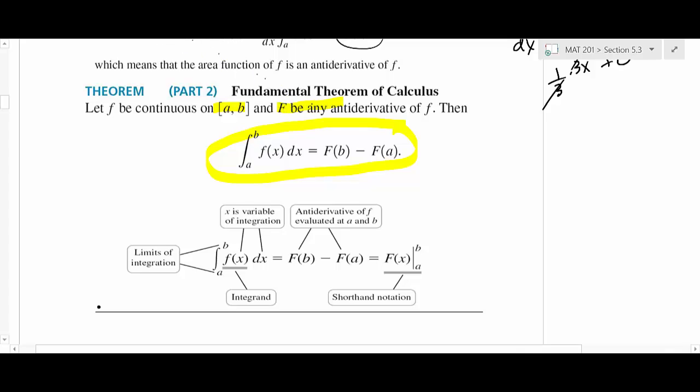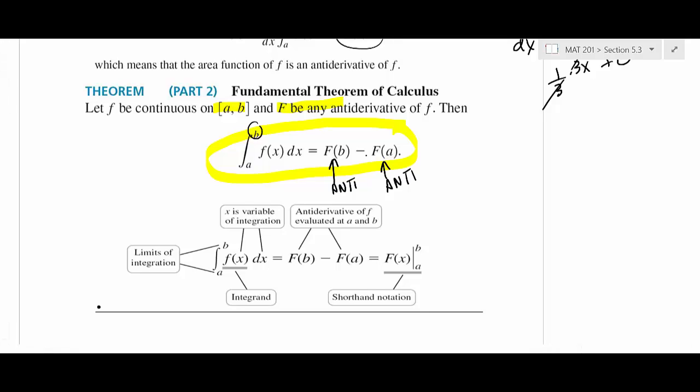You evaluate the antiderivative at b. That means the antiderivative is a function and you can evaluate it at b. Then you evaluate it at a and subtract the two, and that gives you the exact area under the curve.